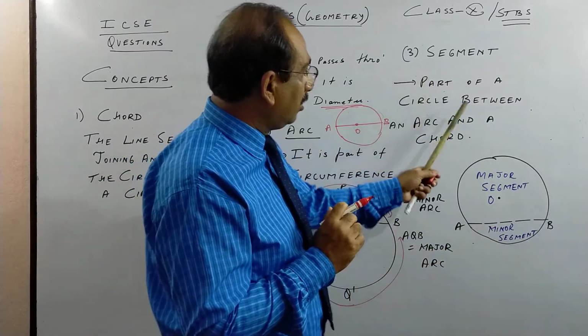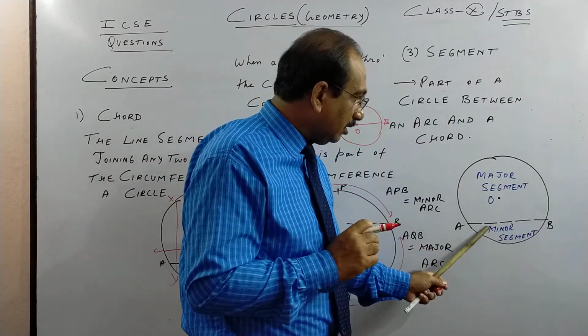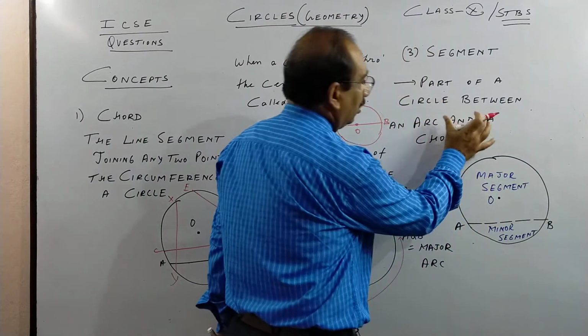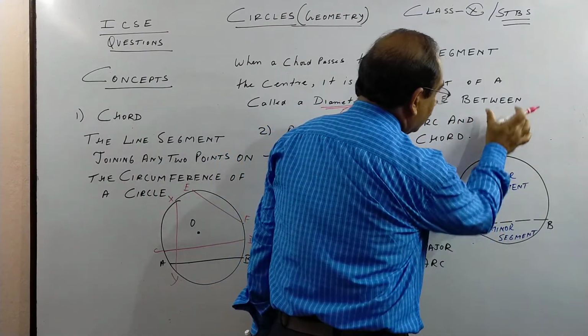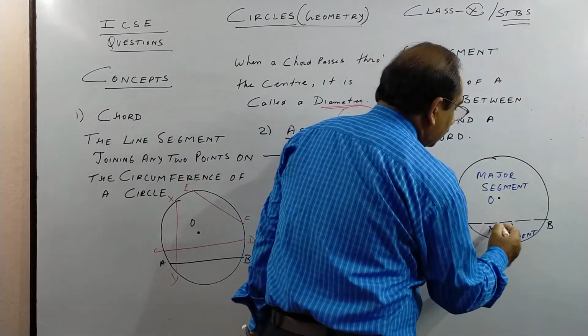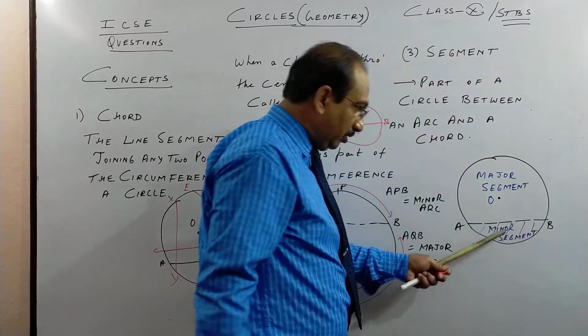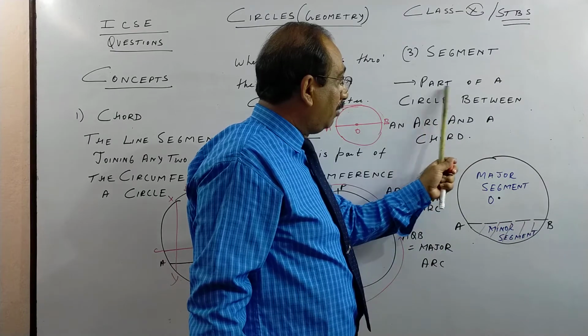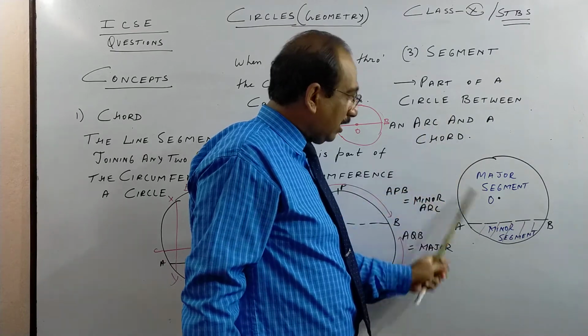So segment: a part of the circle between the arc and the chord, or you can say bounded by them. So this area, between the chord and the arc, is a part of a circle between an arc and a chord.